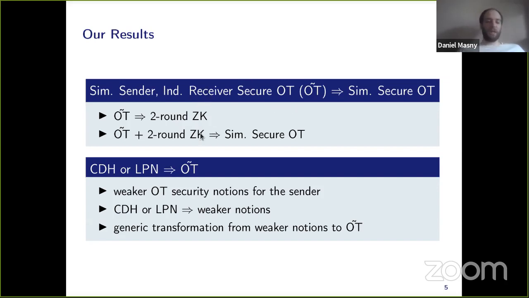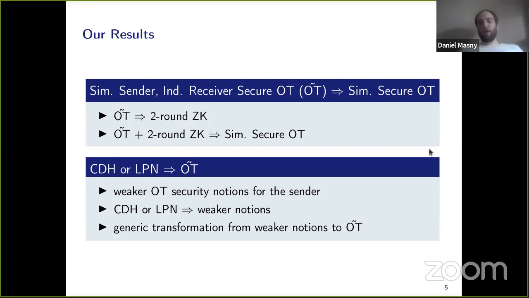Now, how do we do that? We first use this notion of OT tilde to construct two-round zero-knowledge proofs. And two-round zero-knowledge proofs together with OT tilde are sufficient to construct simulation-based secure OT.